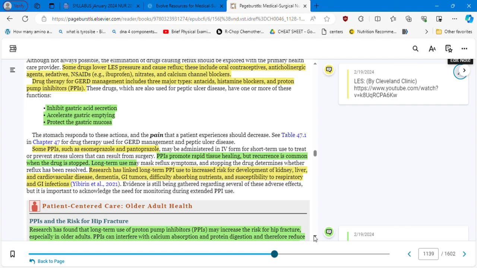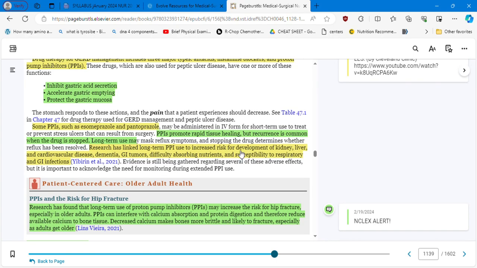Your proton pump inhibitors, such as omeprazole or pantoprazole. Esomeprazole is known as Nexium. Okay, PPIs promote rapid tissue healing, but recurrence is common when the drug is stopped. So long-term use may mask reflux symptoms.